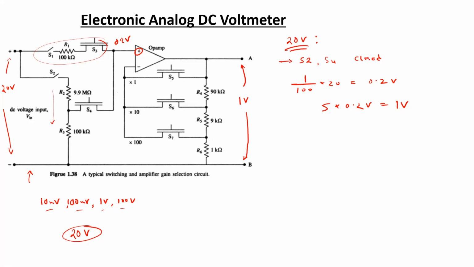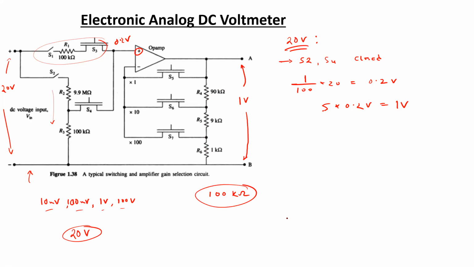So the combination of R4, R5 and R6 gives a total resistance of 100 kilo ohms. So we can try to subdivide this distribution of the resistances to create another branch that is going to generate a gain of 5.